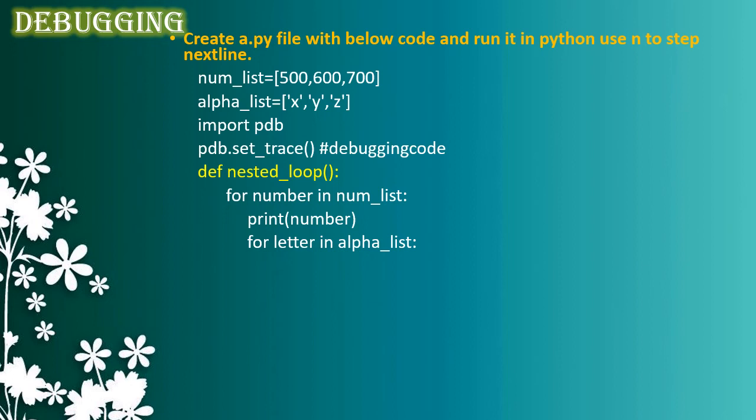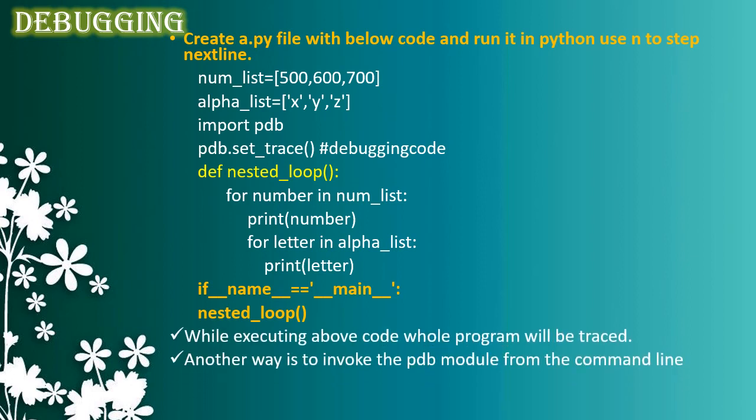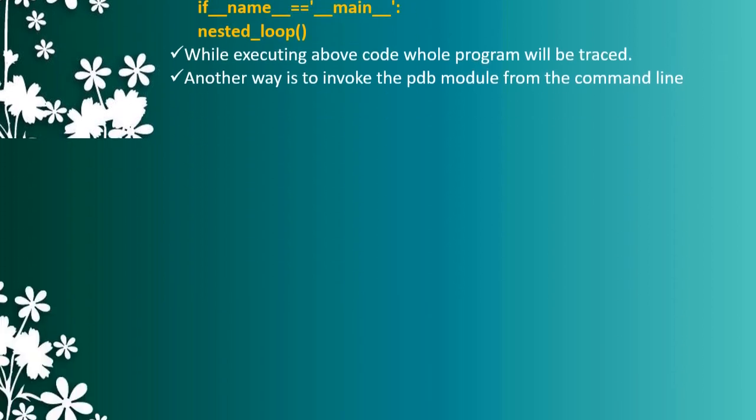So first 500 xyz will be printed, next 600 xyz again, and then 700 xyz will be printed. And next we call the function nested loop. So we can check how it's executed line by line. Just press the letter n.